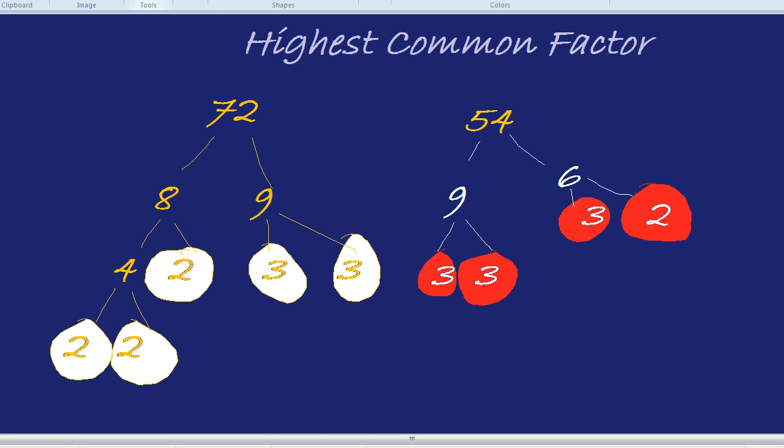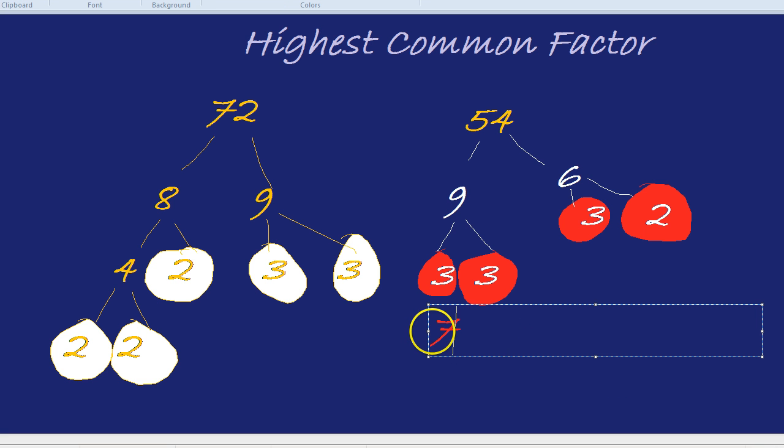And now, what do we do now? I knew we had to write it out in some way, but should I write it out? How should I write it out? Yes, that's right, on top of each other. So 72 is 3 squared. I could write 3 times 3, but for this method, let's write 3 squared.